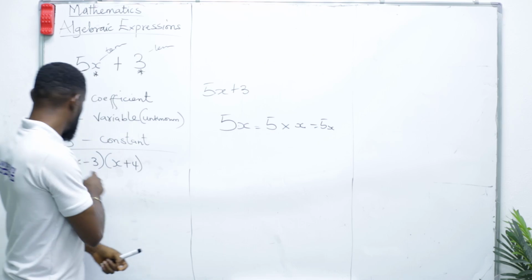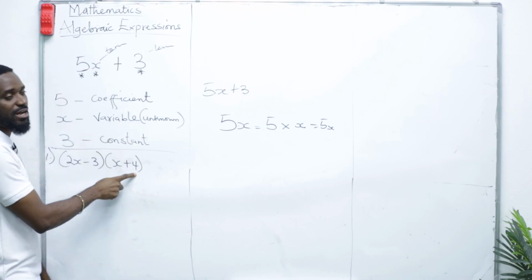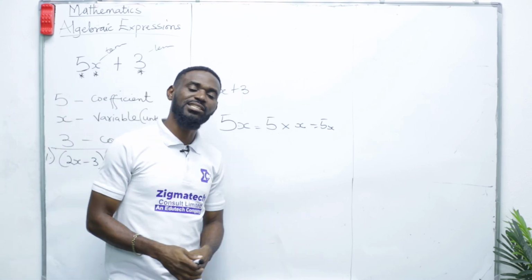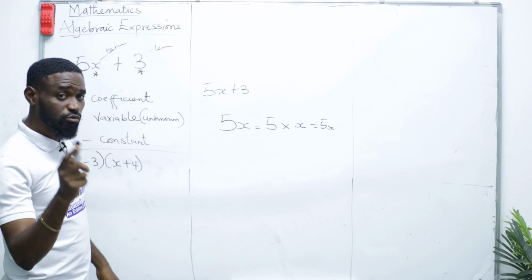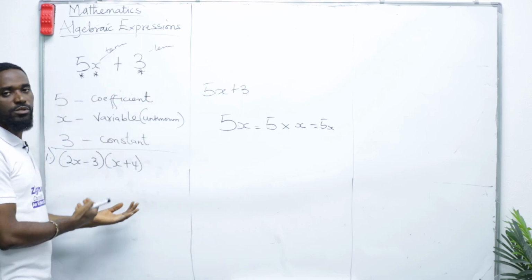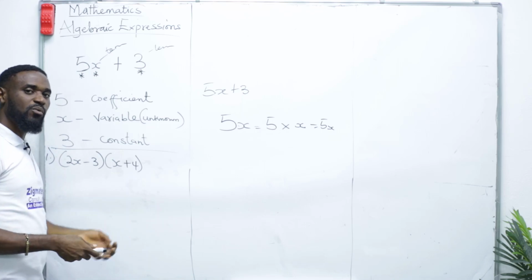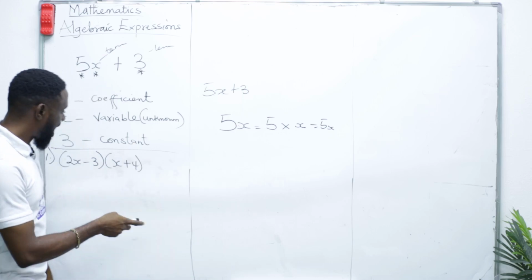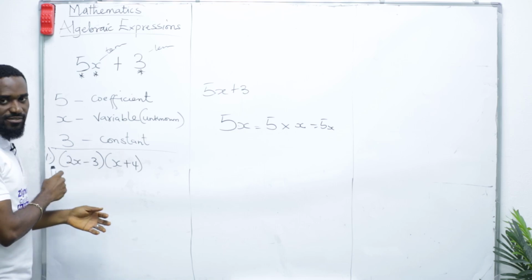This is a term, this is a term, this is another term. So they make up what we call expressions. What we need to do is to expand this expression, or simplify it. Once we simplify it, we can find the coefficient of x, because at that point we have to go to where we have x. Do you understand the point now?